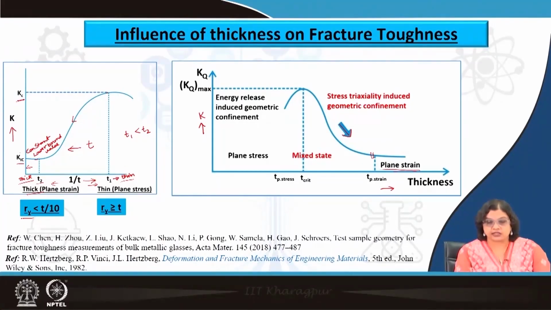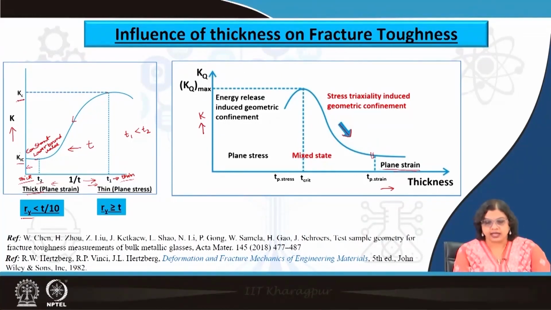But if the plastic zone size is 1/10 of the thickness, then only is plane strain condition valid, and then only can the fracture toughness, the critical value of K that leads to fracture, be obtained. That is the lowest value with a constant nature.